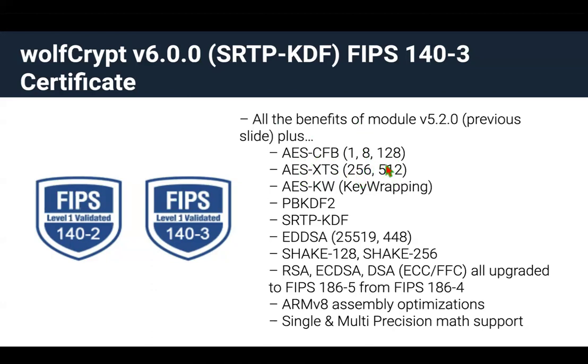And the reason they're listed as 256 and 512 is this is actually 128-bit keys combined, and 512 is 2 independent and unique 256-bit keys combined for a total of 512. We're adding AES key wrapping to our module. We're adding the password-based key derivation function 2, the SRTP-KDF, like I said, the motivating factor for this submission.